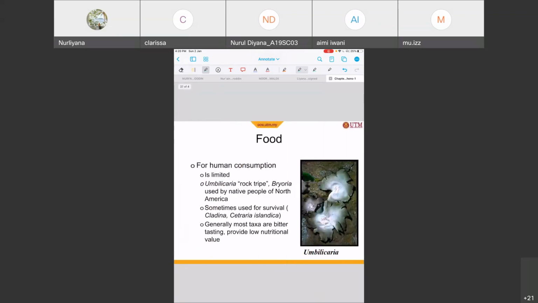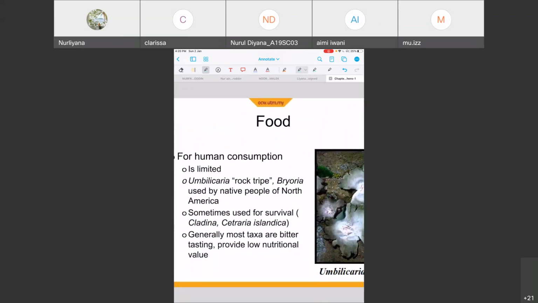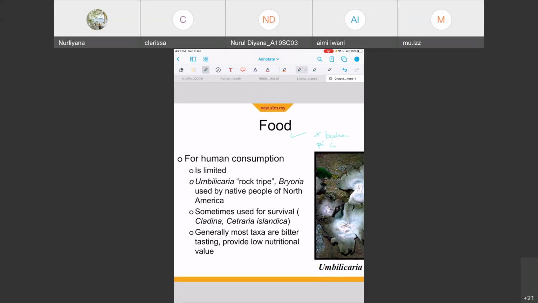So do humans consume lichen? Yes, but tak banyak yang consume the food. So usually ini adalah bukan makanan pilihan. Okay, bukan makanan pilihan. So kalau you are trapped, for example, in a desert ke ataupun in the snowy mountains, if you find the lichen, it is edible.